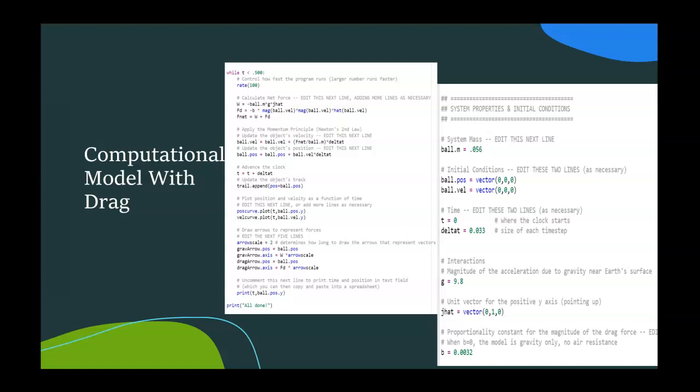Similarly, another difference is the fact that our net force is equivalent to weight plus the drag force, rather than just simply being the weight force. Drag in this case is the negative b coefficient times the magnitude of the ball's velocity squared, multiplied by the unit vector, v hat, which is calculated by the ball's velocity divided by its magnitude.